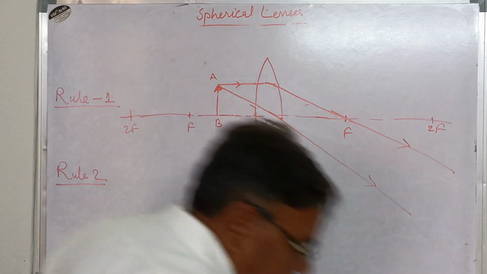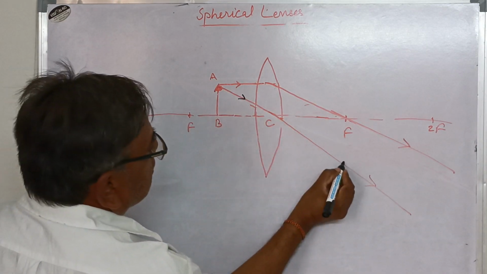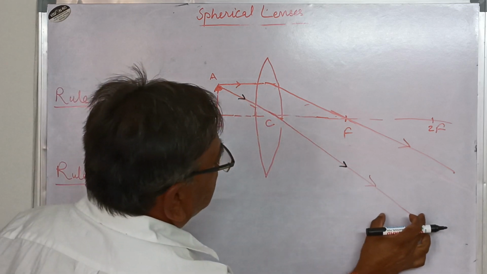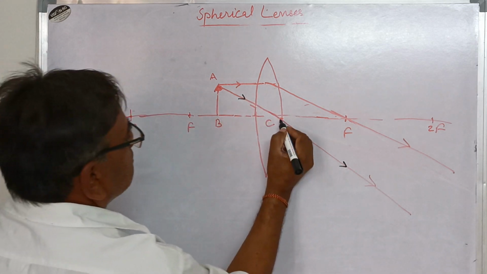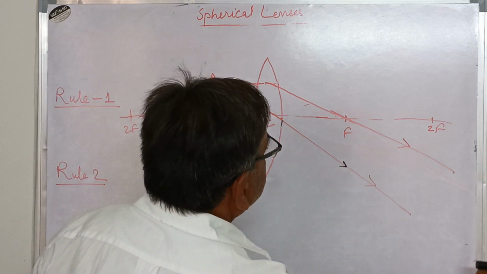Let us use a different color. So this is the second ray. What happens? They will diverge here. As you see, the rays are diverging, so they will not meet here.